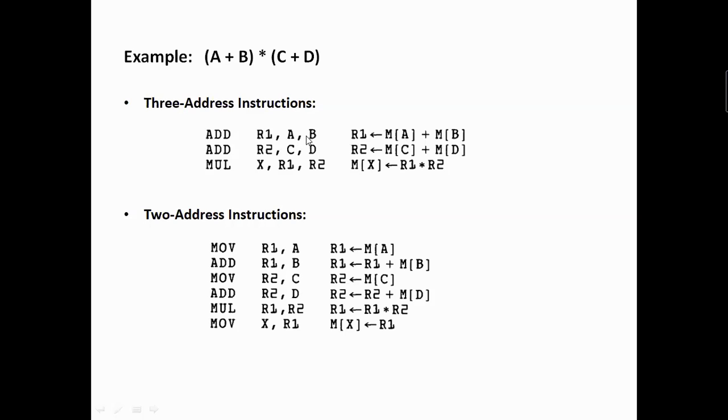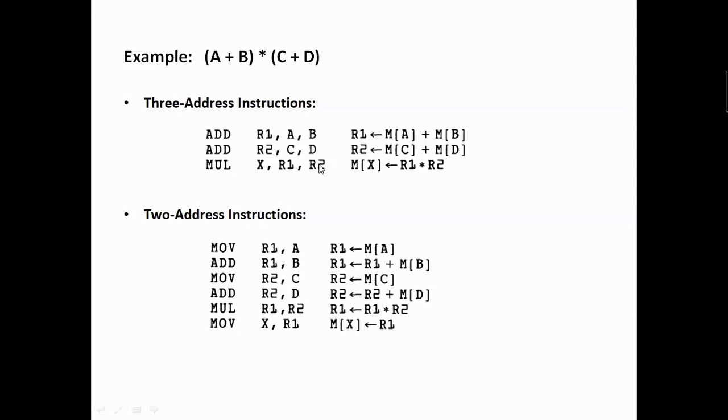Fine. And then we have to do the same for C and D. So take C and D from memory, add them up, and the answer is stored in the R2 register of the CPU. Then both the answers are to be multiplied.